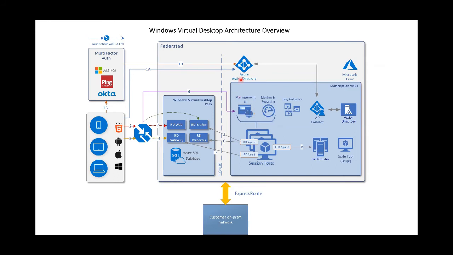Just to complete the picture, if you see the bottom, there is something called the customer on-prem network and ExpressRoute. This represents the true power of WVD. During the COVID times, all the users were scrambling to connect to the on-premise network to continue working, but they were forced to take VPN.